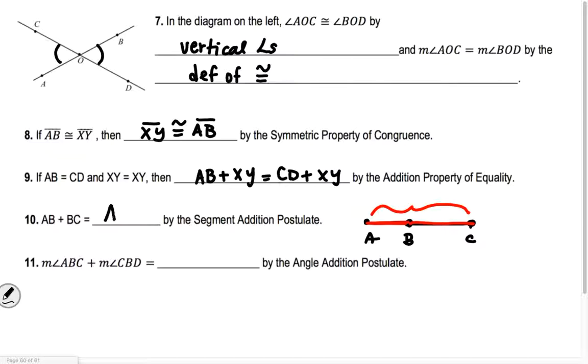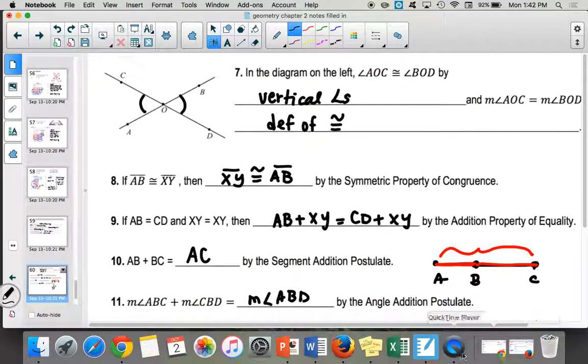So we'd say A to C by the segment addition postulate. And the measure of angle ABC plus the measure of CBD. So if I had A, B, C, and then I had C, B, D, so this angle plus this angle equals angle ABD. Perfect. Does that make sense? You guys get it? Would you guys be able to do those? Yes. All right. I'm going to stop there.